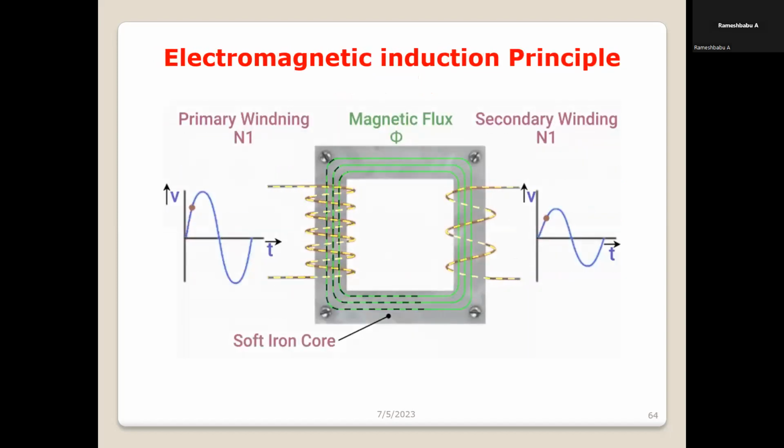Okay, so this is the electromagnetic induction principle, with a soft iron core and primary winding. It's a transformer principle, which induces the voltage.